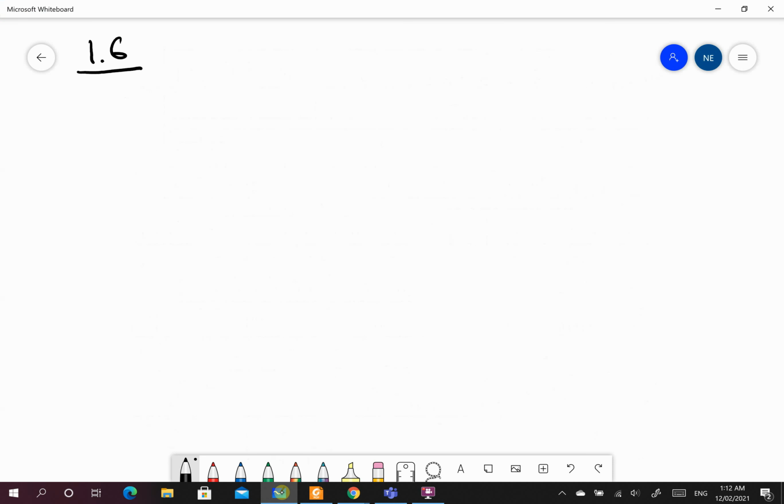So what have I got here? Well, I've got a tank sitting somewhere like that. It's not a very good drawing, it's good enough. And I have a water level or a kerosene level here.